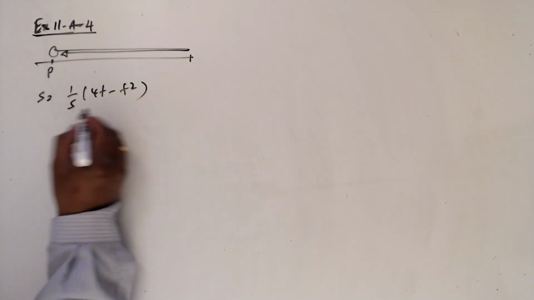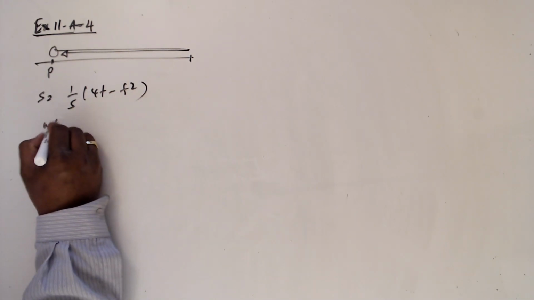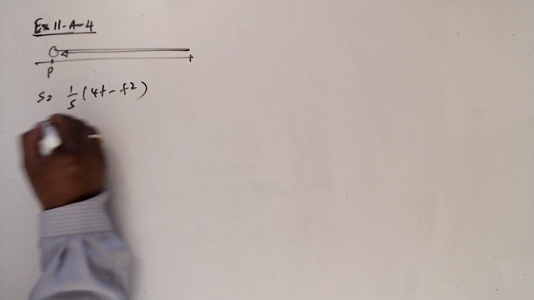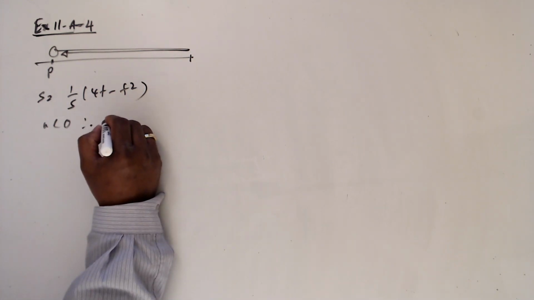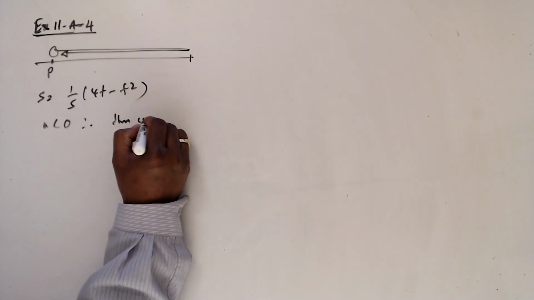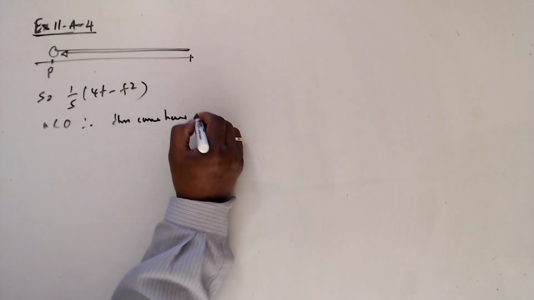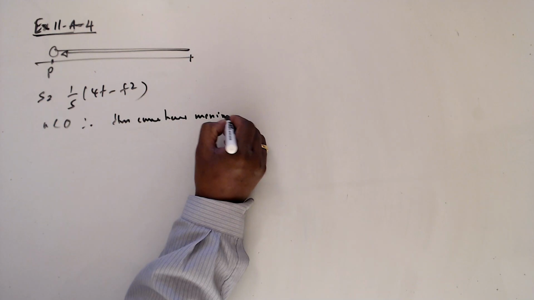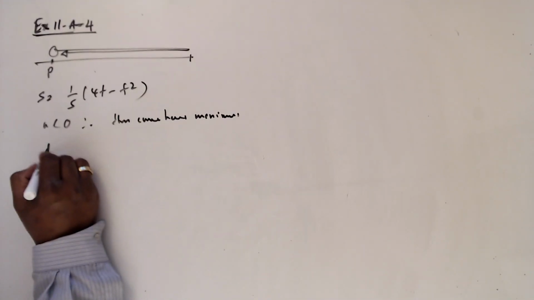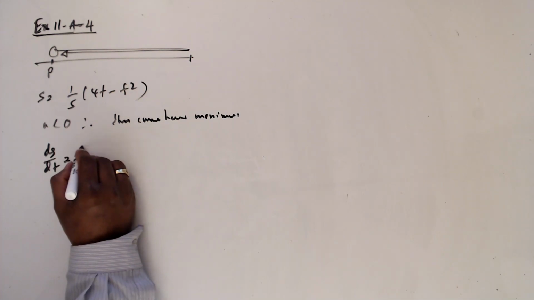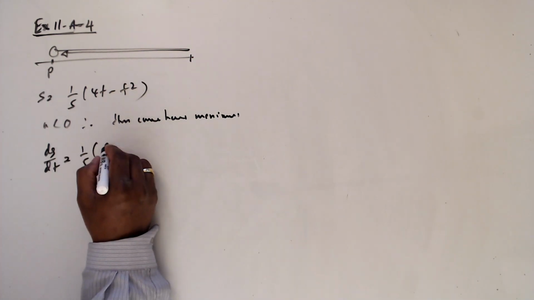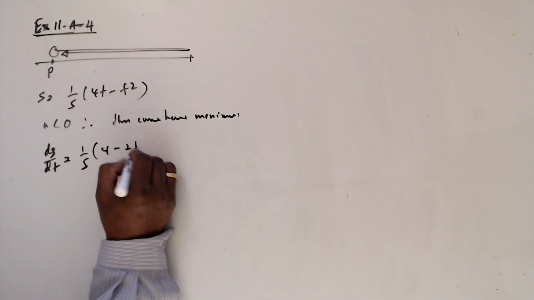I know this is a quadratic equation, a is less than 0, hence the curve has a maximum. Now ds over dt is 1 over 5 times (4 minus 2t).